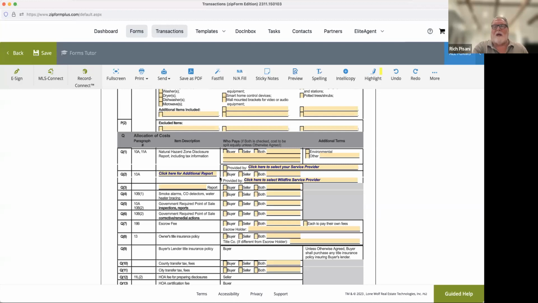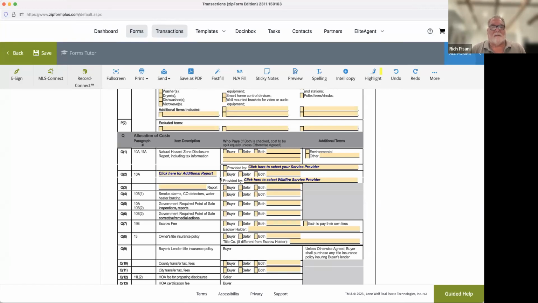This wildfire service provider report, it's in the revised RPA. It's going to be a section by itself. I haven't really seen one of them that you really need to do just yet.